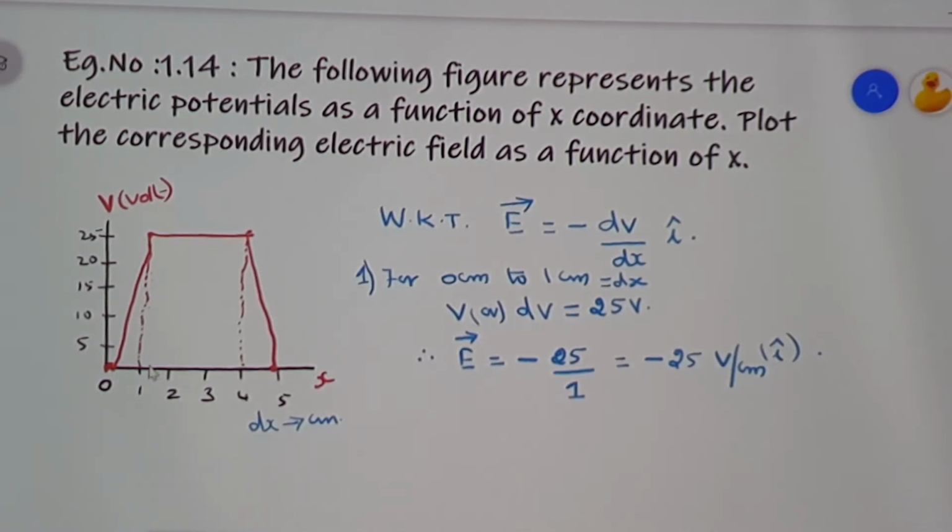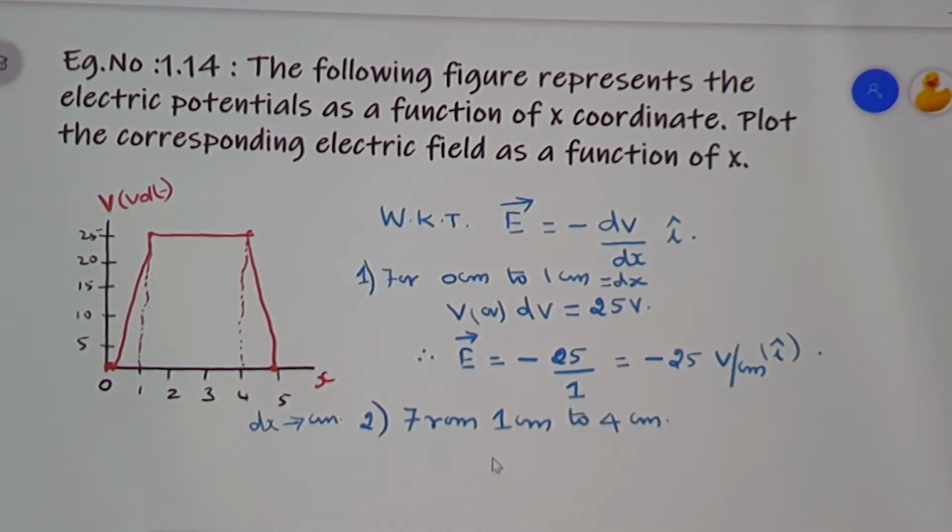Then the second variation is from 1 centimeter to 4 centimeter, because the potential is kept constant at 25 volts from 1 centimeter to 4 centimeter. So I am considering the second part as the variation of x from 1 centimeter to 4 centimeter.